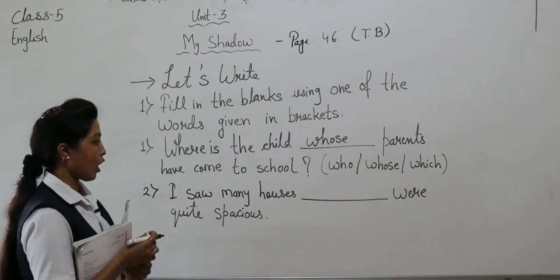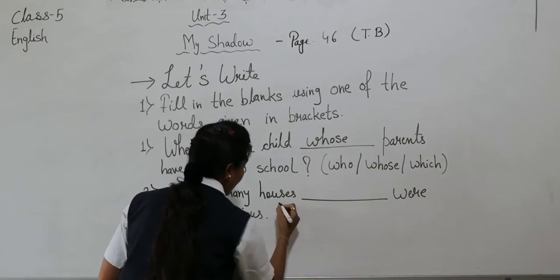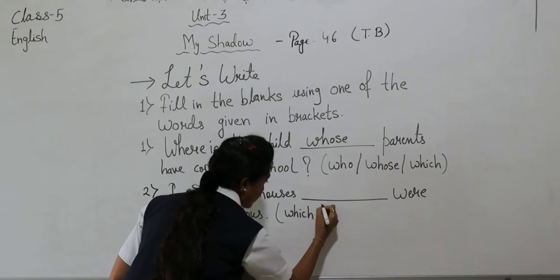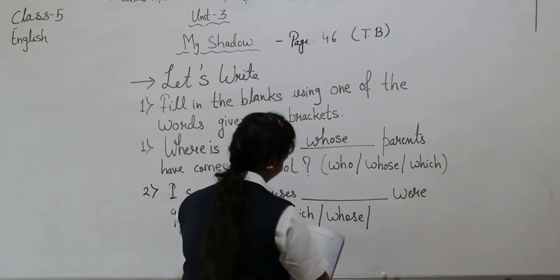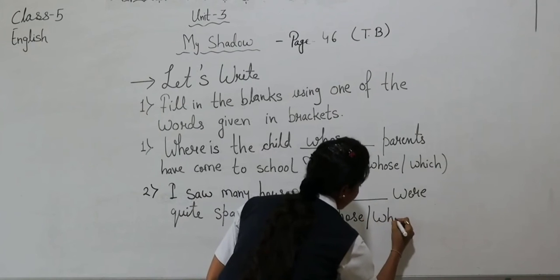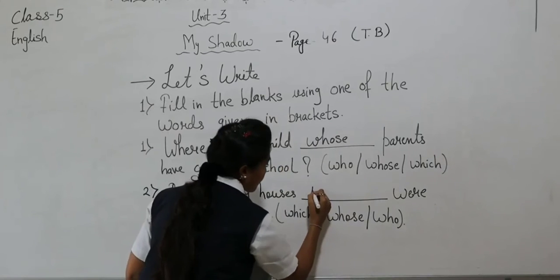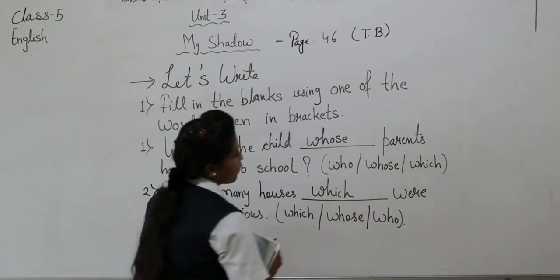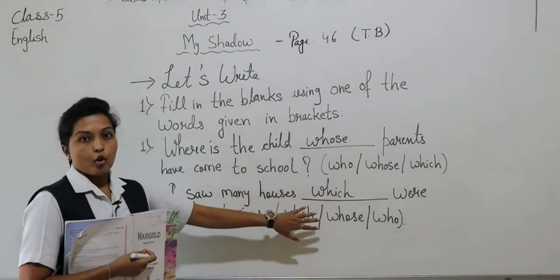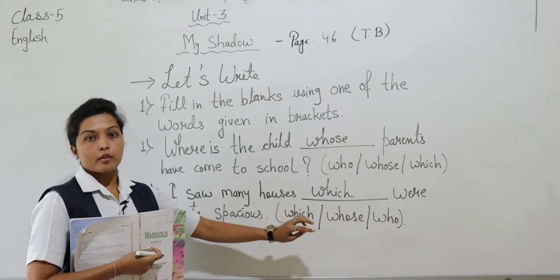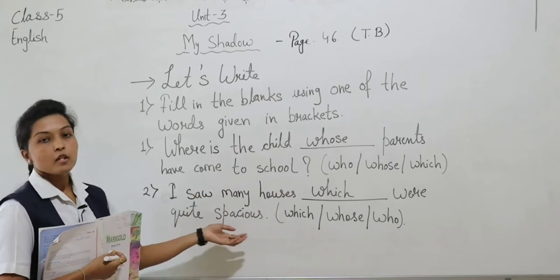So I saw many houses dash were quite spacious. Options given are which, whose, who. Here our answer is which. The word which we generally use for identifying persons or things. So: I saw many houses which were quite spacious.